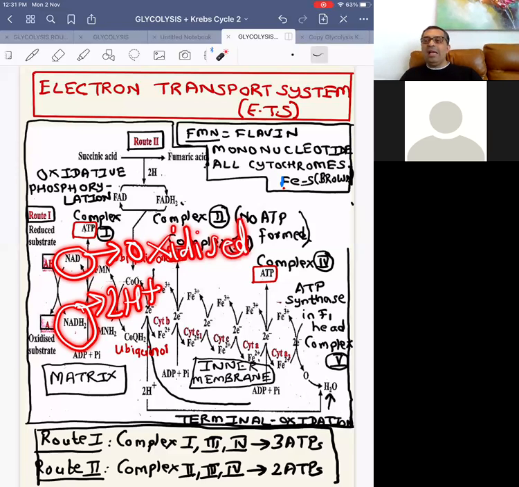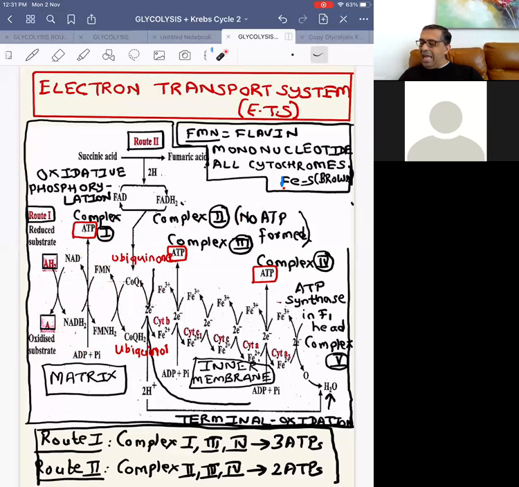And now the hydrogen is accepted by FMN. FMN is called flavin mononucleotide.